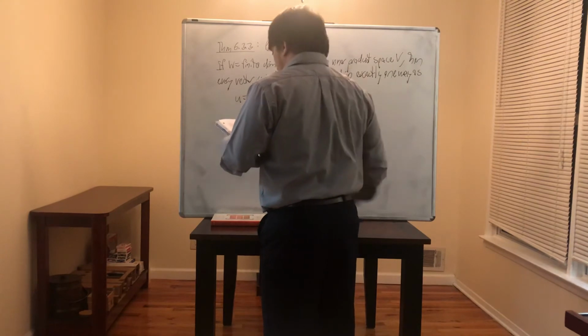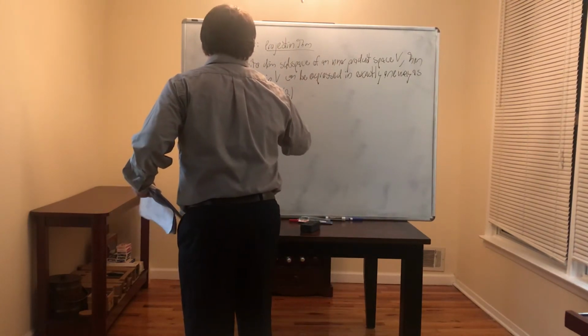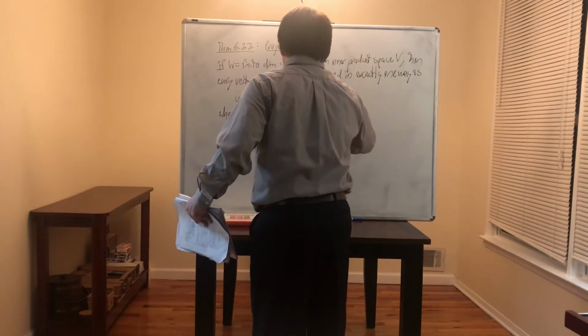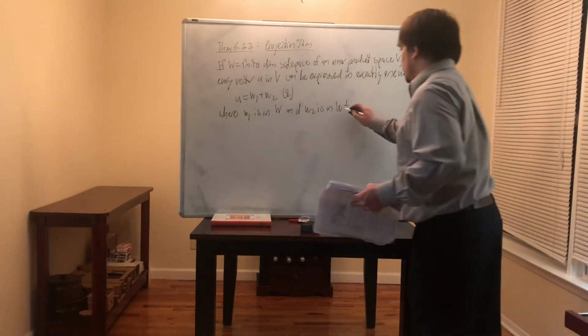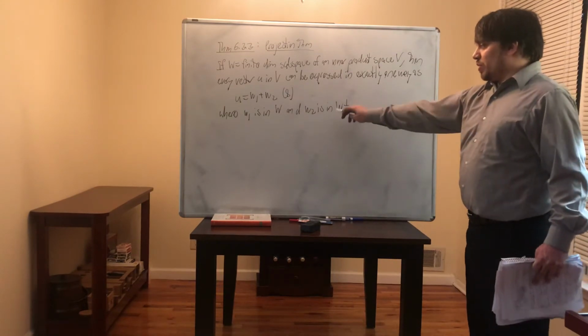That's equation 8. Okay? Where W1 is in capital W and W2 is in W perp. Okay, so the orthogonal complement, you can use this notation, and the superscript here, you could say perp, so it's in W perp.